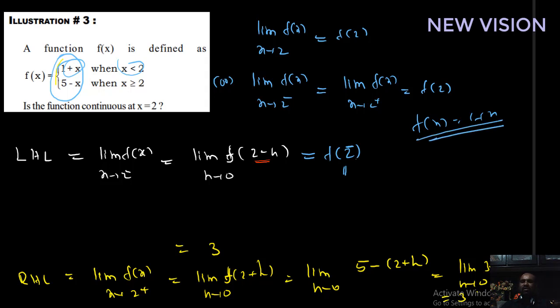In that functional rule, instead of x write 2, just 2. That is taken as 2 minus. Direct method: f of x is 1 plus x, instead of x I write 2, 1 plus 2 is equal to 3, which is nothing but LHL. By the previous approach also, we got LHL as 3 only.